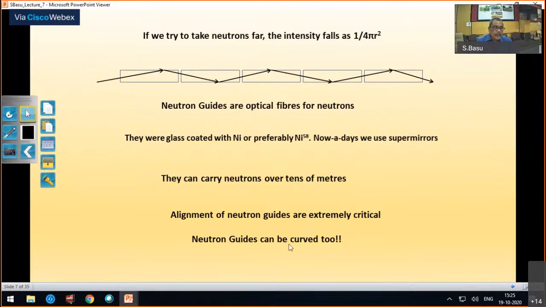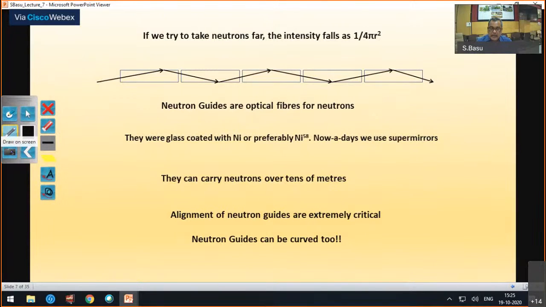Now here let me tell you that light goes through an optical fiber because it undergoes total internal reflection, because n is greater than 1 for light for most of the media. And that's why light undergoes total internal reflection when it comes out from denser medium to rarer medium.